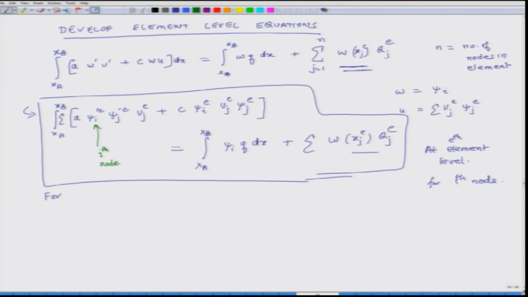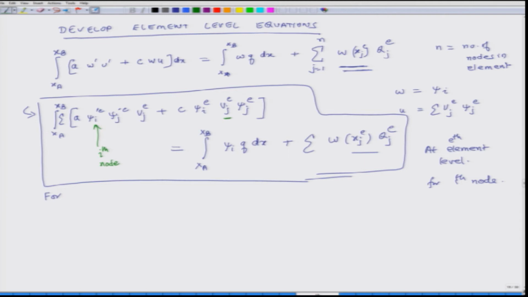If it is a linear element, then I will take two values, 1 and 2, so I will have two equations. In the first case, I will put psi I equals psi 1 and I will get one equilibrium equation. In the second case, I will put psi I equals psi 2 and I will get the second equilibrium equation. So I will get two equilibrium equations for a linear two noded eth element. Agreed? In each equation, what is the unknown?